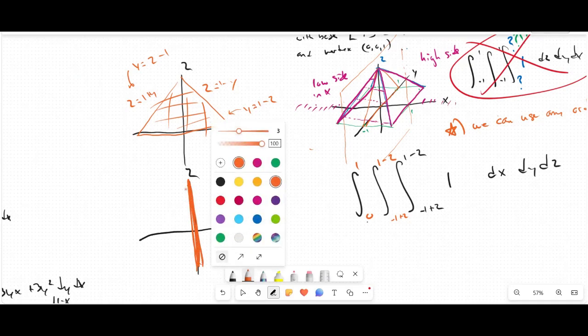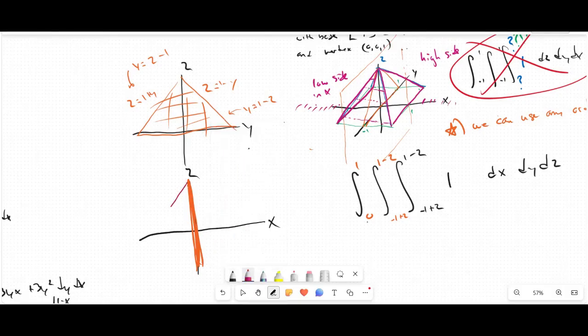All we know is that the back end, the low end for x, is over here, and the high end is over here. But now look, it's the same picture: z equals 1 minus x, and z equals 1 plus x. Exact same idea twice.